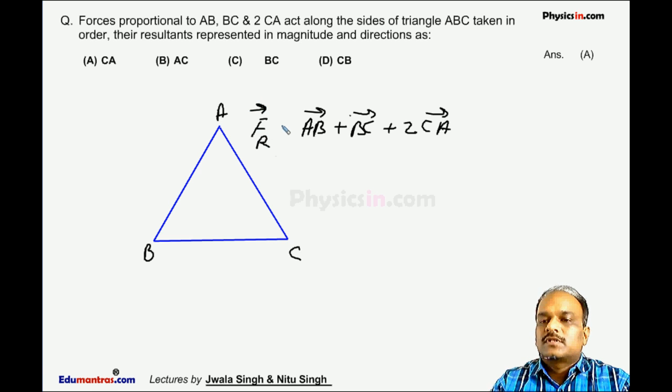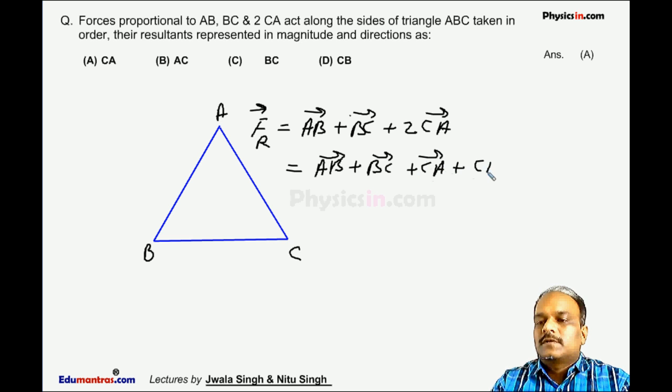In a triangle, vector AB plus BC plus CA is 0. So it is AB plus BC plus CA plus CA. AB plus BC plus CA is 0 because it is forming a triangle.